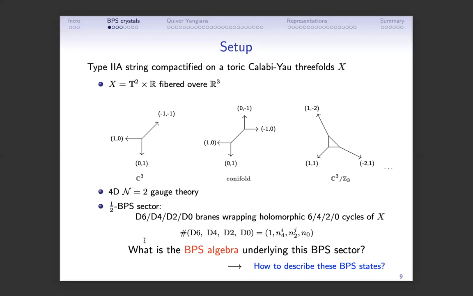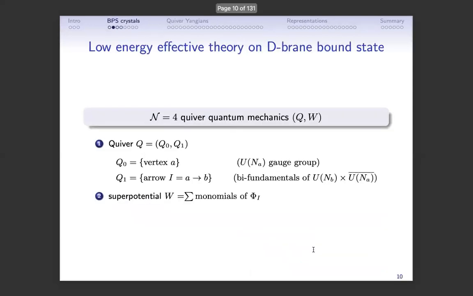So the question is, what is the BPS algebra underlying this BPS sector? To see that, we first have to describe the BPS states in the BPS sector. The effective description of this BPS sector is the N=4 quiver quantum mechanics. The quiver consists of a set of vertices and also the arrows between the vertices.